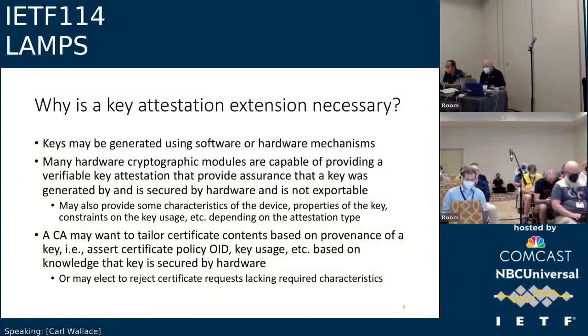Keys can be generated in software or hardware, and for a good while now a lot of hardware modules have been capable of providing verifiable key attestations. We'd like a way to pass that to the CA so it can either tailor certificate contents or possibly reject requests that lack the characteristics that it desires.